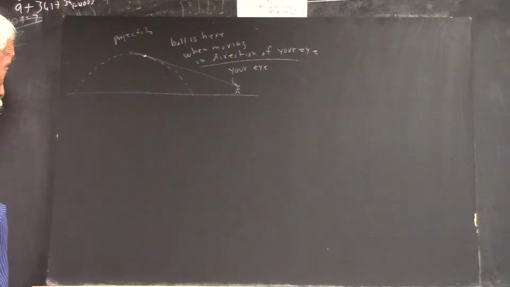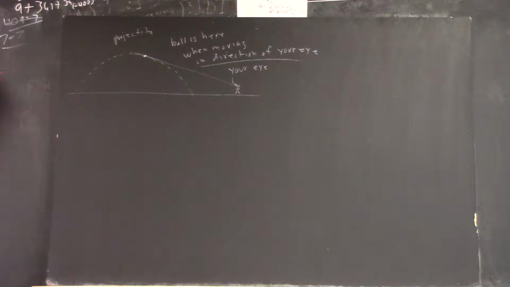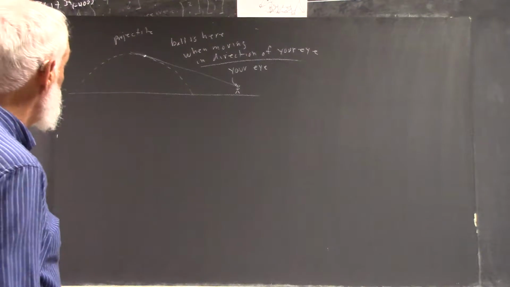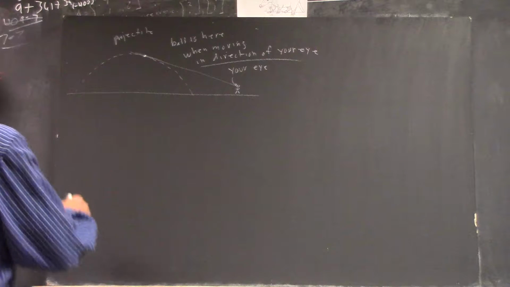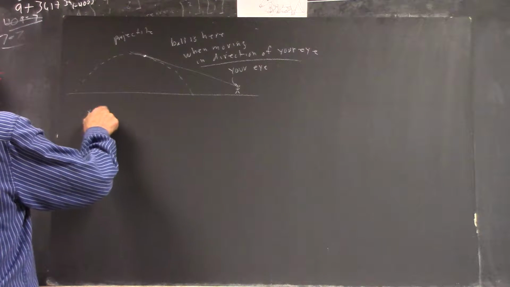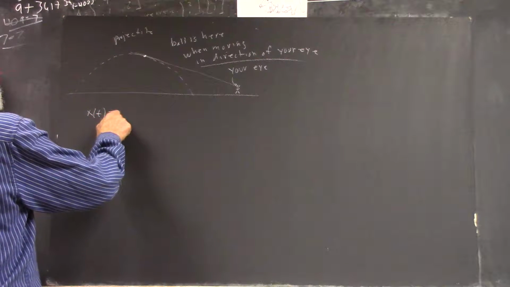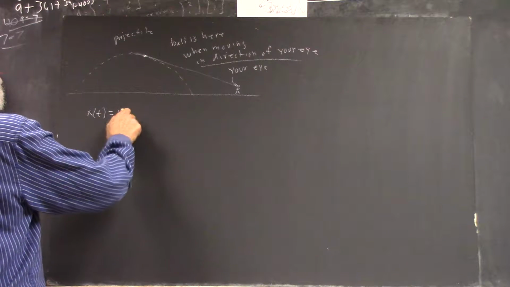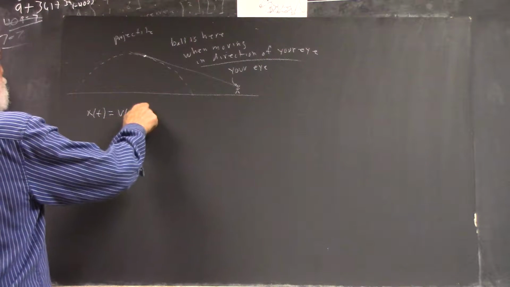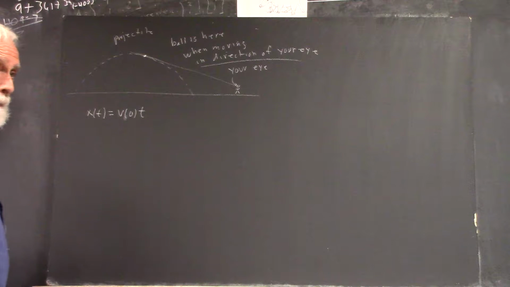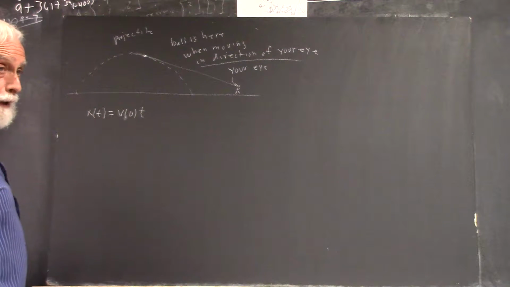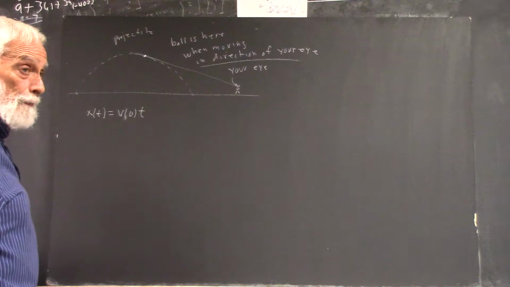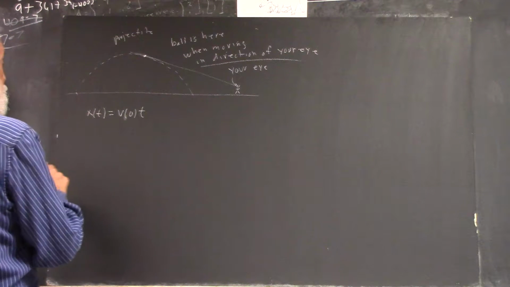So, how are you going to figure out just where here is? Well, let's say you've got the equation of motion, with V of 0 being V naught, the same thing. Let's just say that x equals 0 here, so we don't have to add any numbers to it, measuring it from this point.